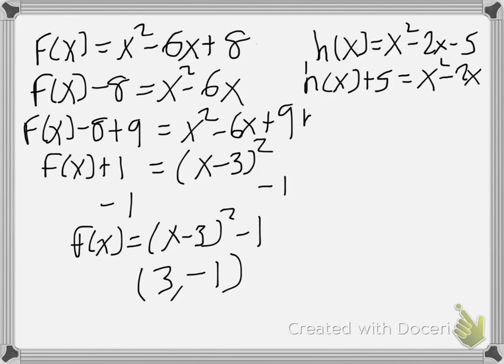So then I have h of x plus 5. Well, half of negative 2 is negative 1. Negative 1 squared is 1. So I'm going to have 5 plus 1 is equal to x squared minus 2x plus 1.